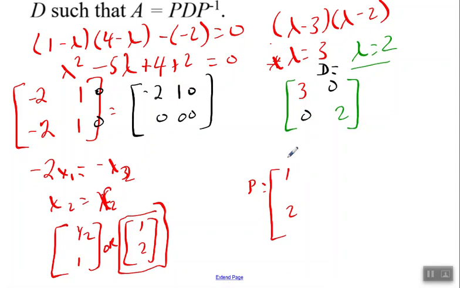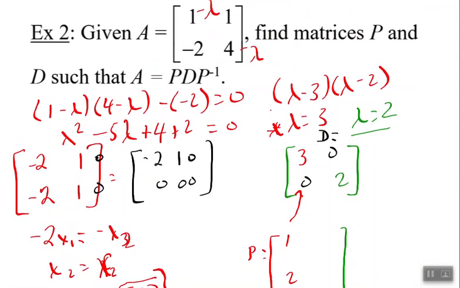And remember that was red, so that corresponded with the eigenvalue of 2. The next one, I'm going to do a little bit faster. When lambda is 2, if I throw 2 into my matrix, then A minus lambda is going to be negative 1, positive 1, negative 2, positive 2.